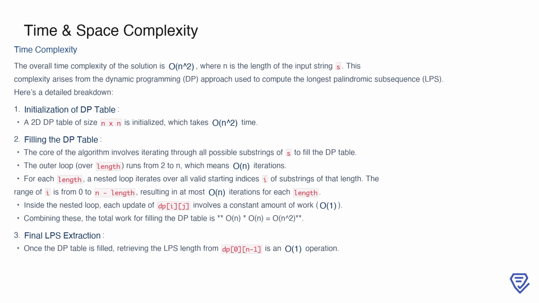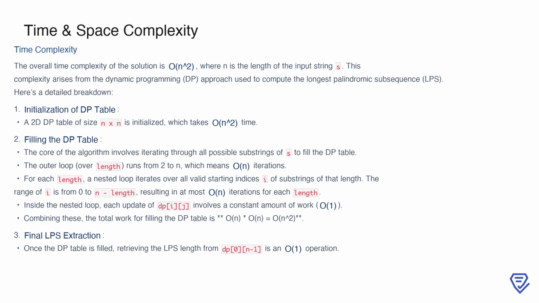Then, the core part of the algorithm involves iterating through all possible substrings of the input string to populate this table. The outer loop runs O(n) iterations for the substring lengths, while the inner loop, which iterates through the starting indices of these substrings, also runs up to O(n) iterations for each length. Each individual update to the DP table, such as calculating dp[i][j], is a constant time operation.